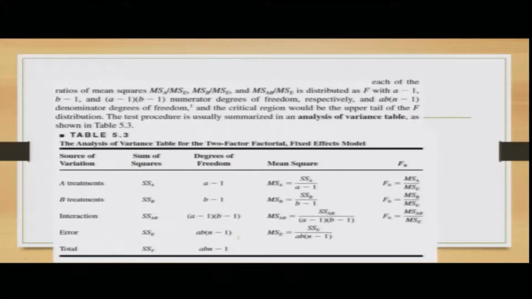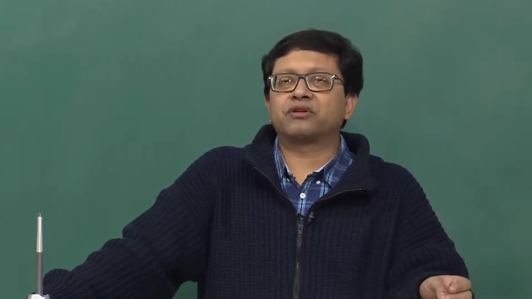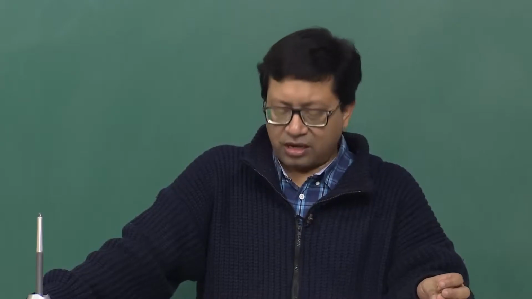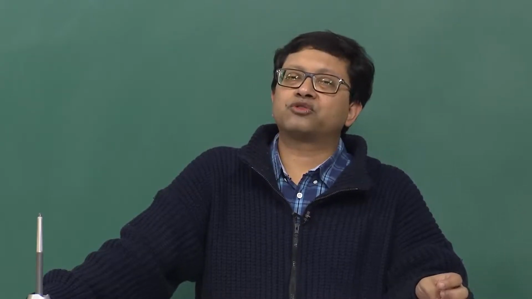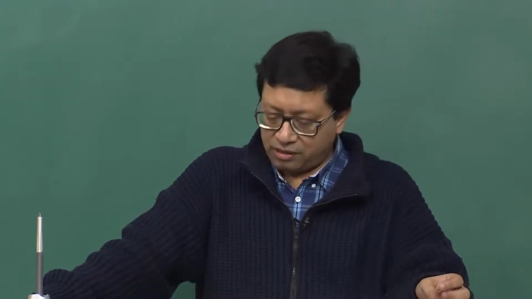Now, what we need to find is the ratios of the mean squares, which give the values of the F distribution. So, what are the ratios of the mean squares? One is the mean square for factor A divided by the mean square of the errors. Another is the mean square of factor B divided by the mean square of the errors, and another is the mean square of the combination of the errors of A and B divided by the mean square of the errors.